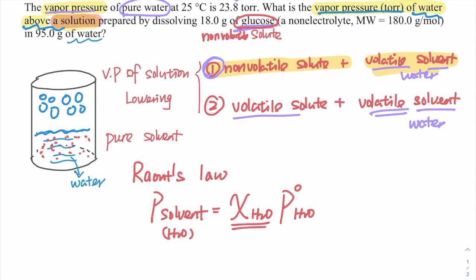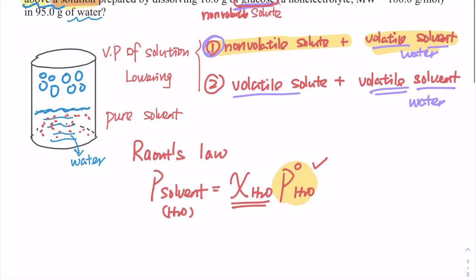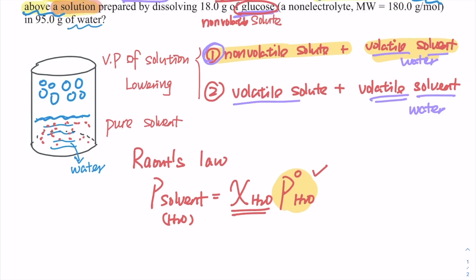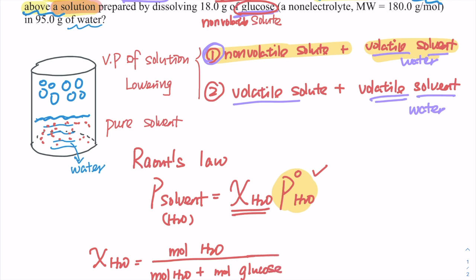Do I have the vapor pressure of pure water? Yes, we do, that's 23.8. What we don't have directly from the question is the mole fraction. How do we calculate the mole fraction of water? We use moles of water divided by the total moles, so moles of water plus moles of glucose.